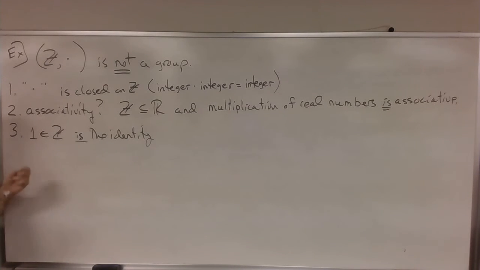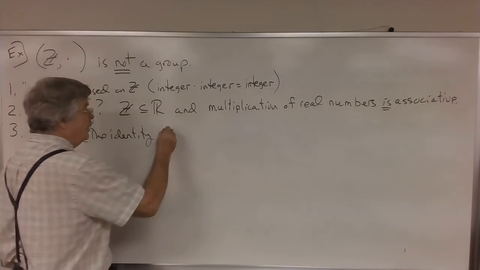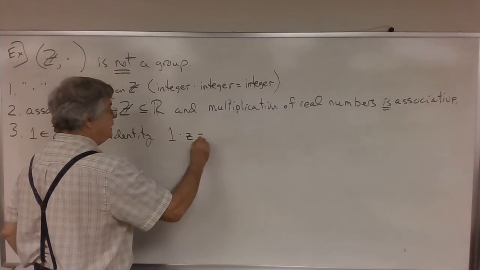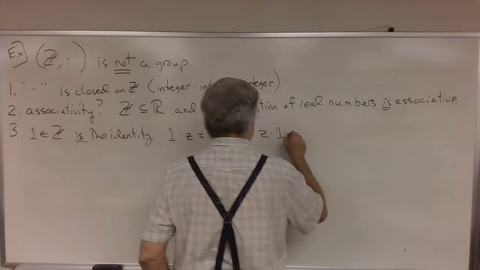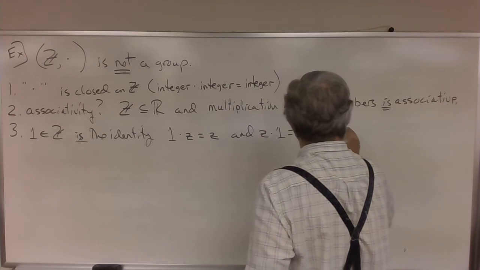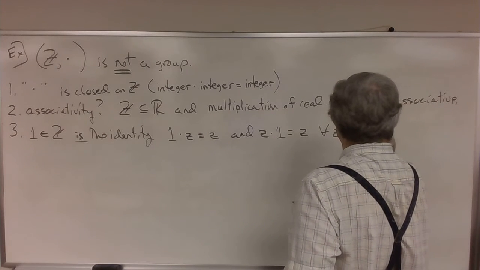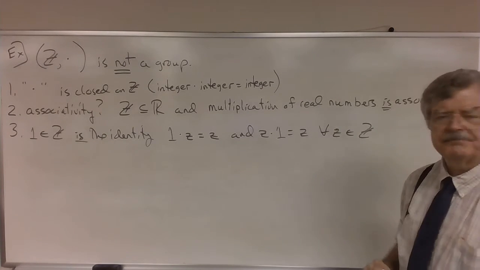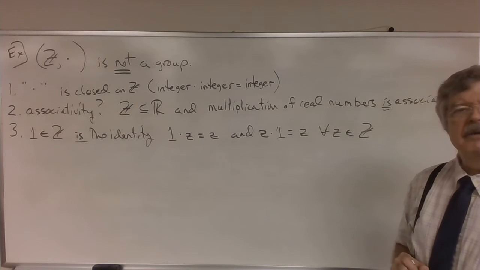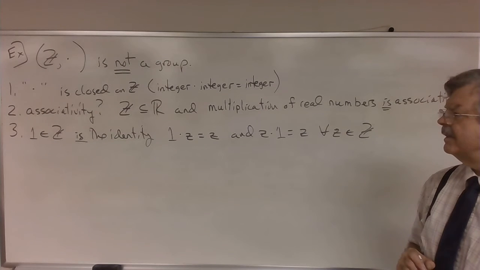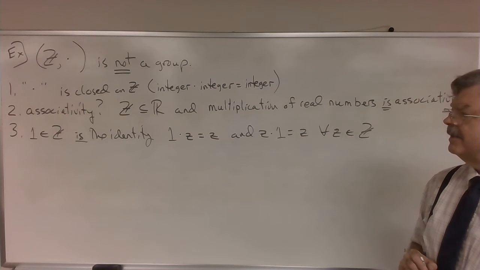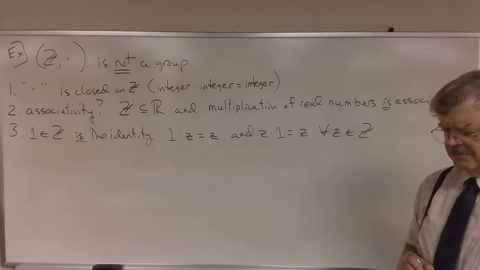One, which is an integer, is the multiplicative identity. 1 times z equals z, and z times 1 equals z for all integers z. We're running out of properties to test here. We have an identity, we have associativity, the operation is closed.